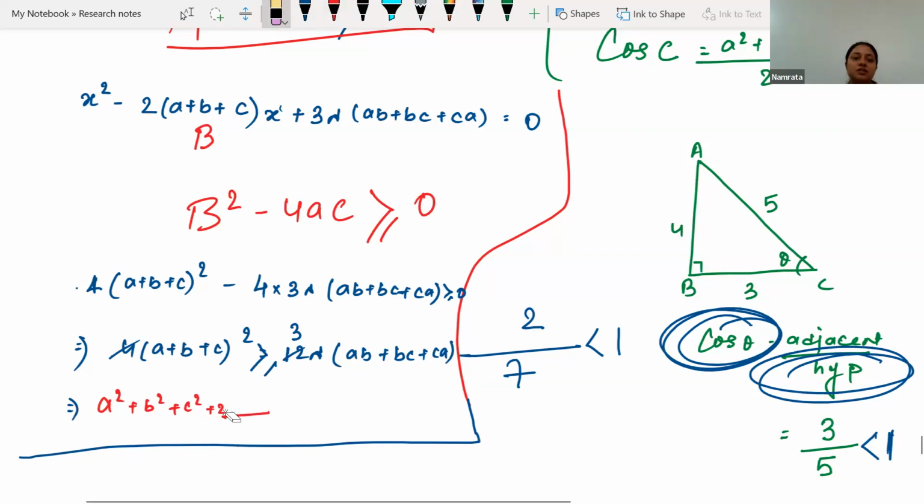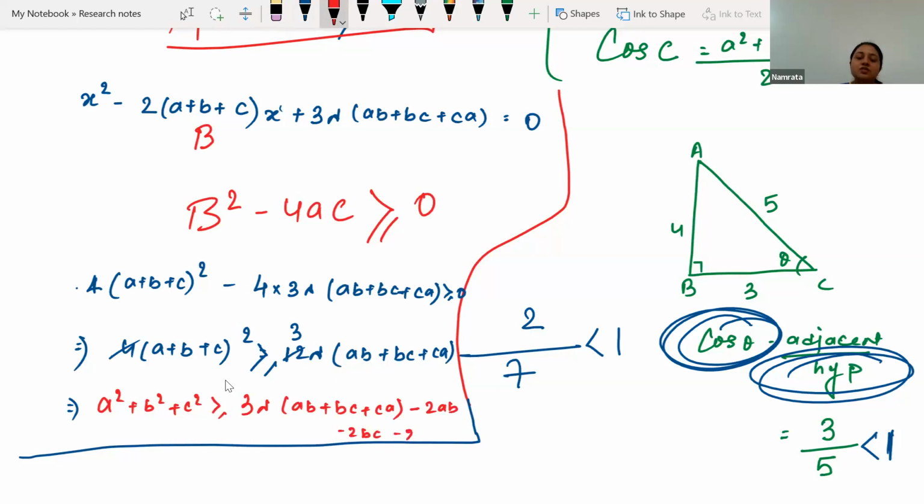So let's send it directly to the other side. We will be having 3 lambda ab bc ca, and here we will be having minus 2ab minus 2bc minus 2ca. Is it clear so far? Yes, ma'am.